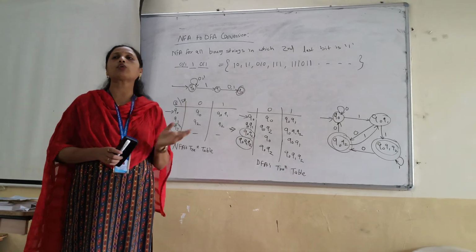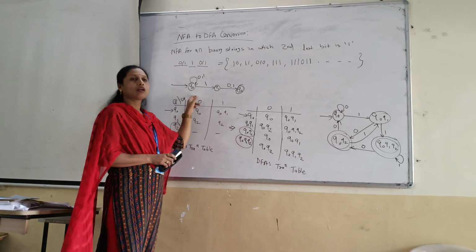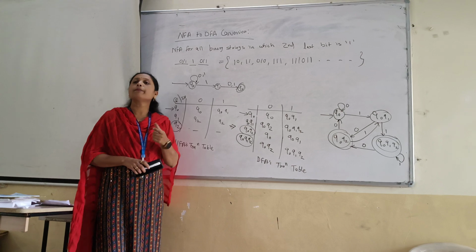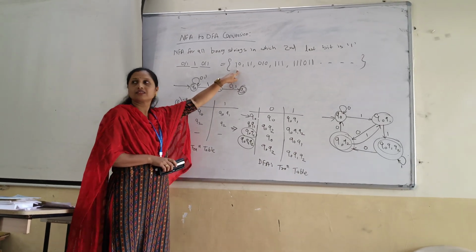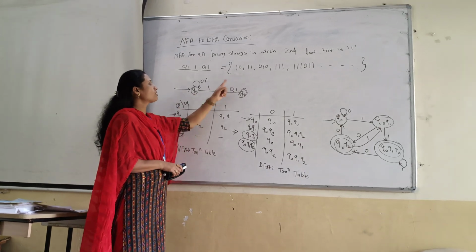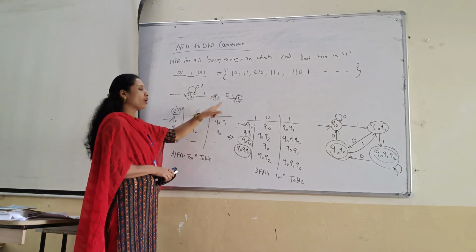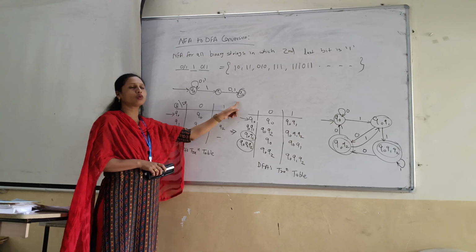Is this language finite or infinite? Infinite. Now, while drawing the NFA, you have to see the minimal possible length string. Here it is 10 or 11. First try to draw for 10 or 11. So, while drawing the diagram, see, Q0 is there, Q1 is there, Q2 is there.